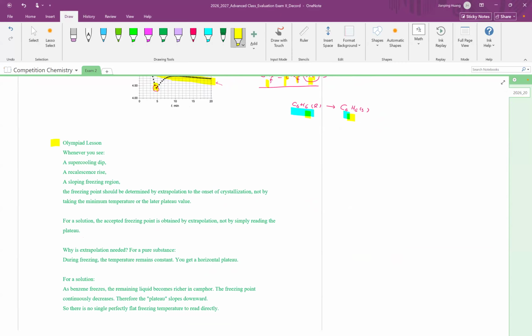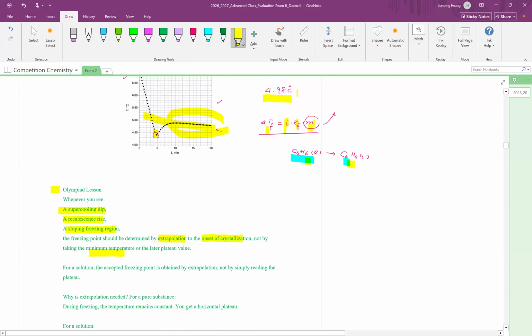Every time you see a supercooling drop, then rising and a sloped freezing region, the freezing point should be determined by, here is the key, extrapolation to the onset of crystallization, not taking the minimum temperature in this one. No, do not miss it. You do not take this one, okay?